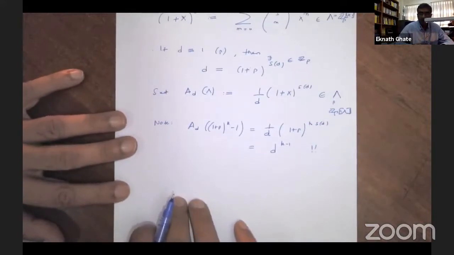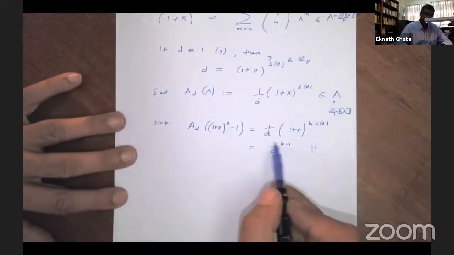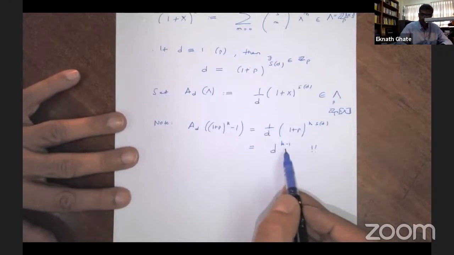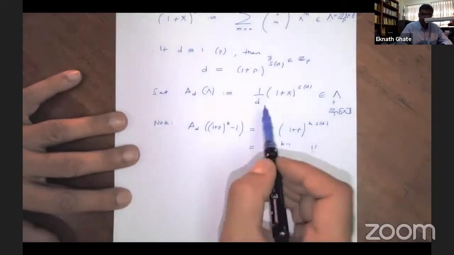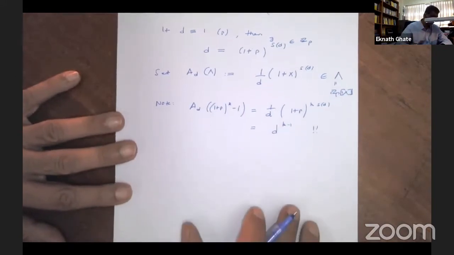These are the kind of tricks you have to do when you're doing p-adic interpolation. Now I hope you can understand why I'm trying to interpolate D to the k minus 1. Here we've already come up with a power series which interpolates the integer D to the k minus 1.